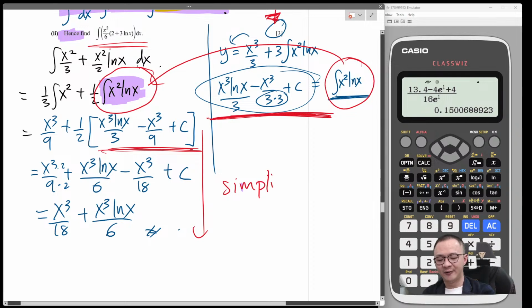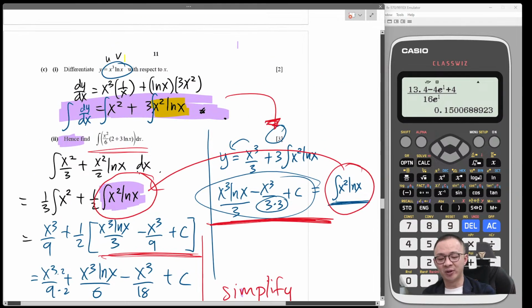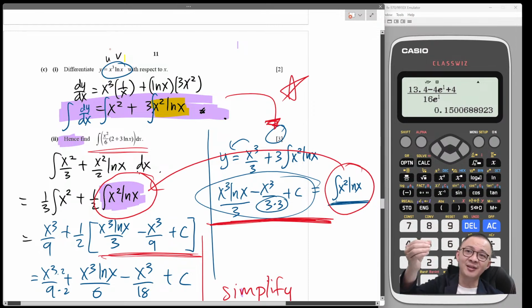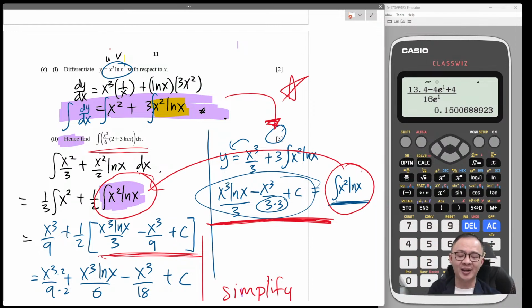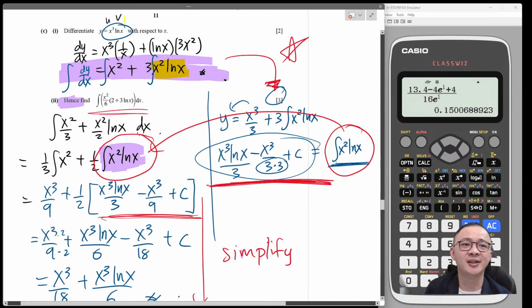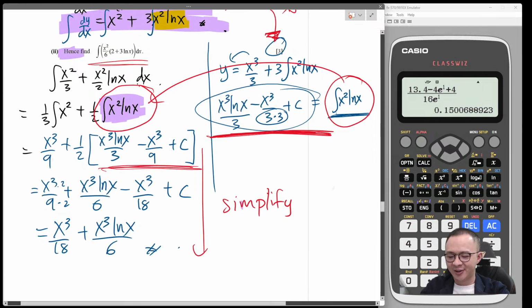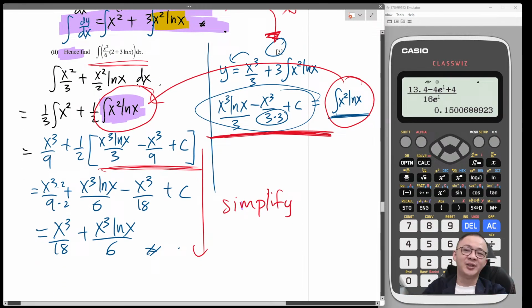I would say the important part is here: you get the solution from your C1, simplify until you make x squared ln x the subject, and then you resubstitute back into the C2 equation. Okay, you can try to understand it. If you still cannot understand, feel free to ask in the Discord group. You can choose the IGCSE MF tab over there and ask there.